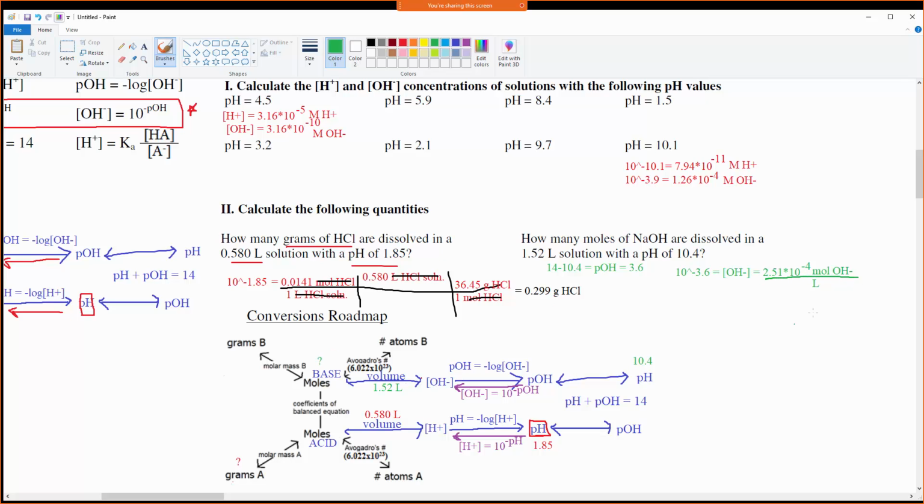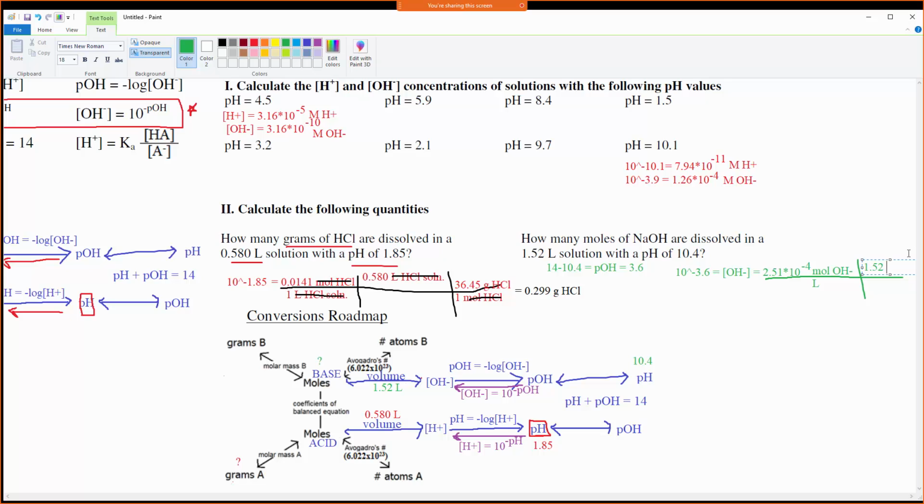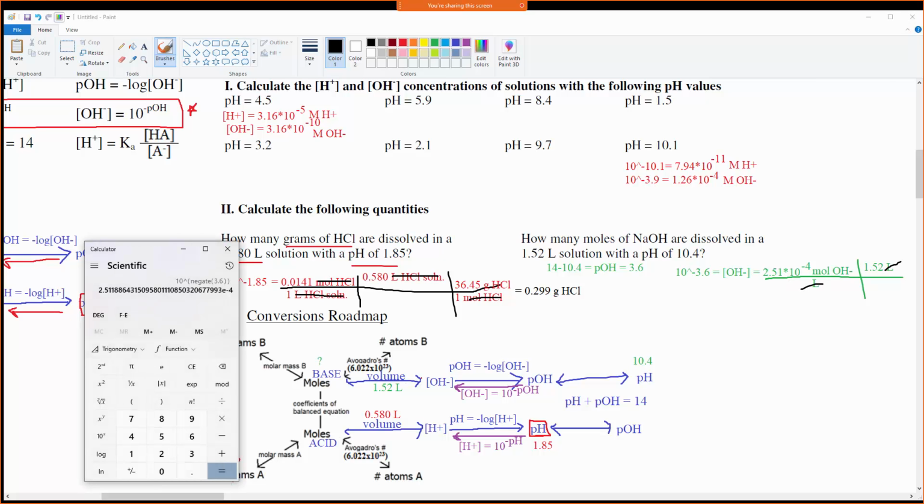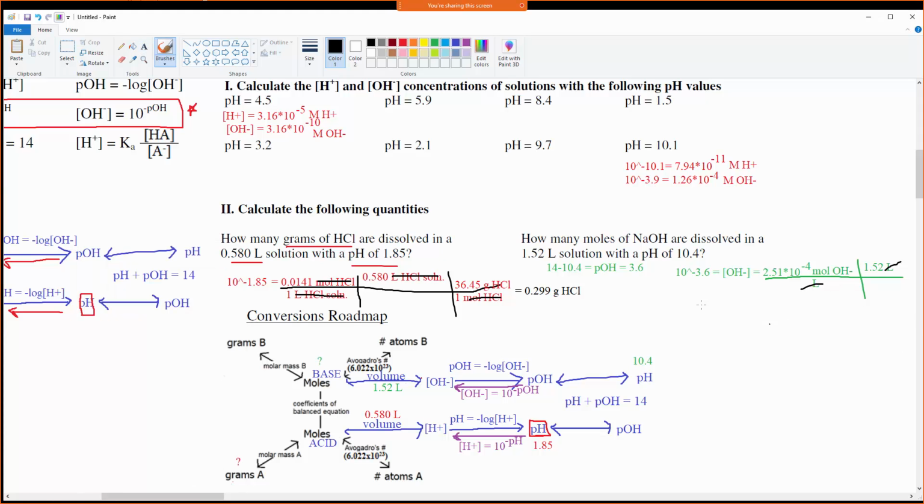So now, if I've got liters, just plug that on in, 1.52 liters. My liters cancel. And we get 3.82 times 10 to the negative 4th moles of hydroxide.